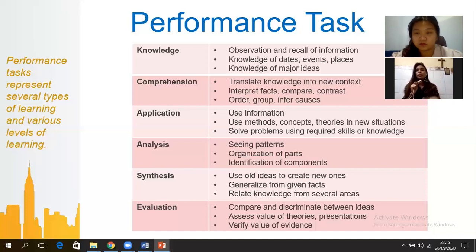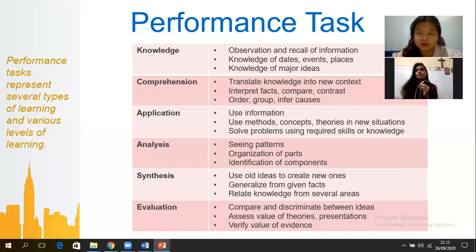For example, the teacher explained about writing an argumentative essay, and then the students get the information from the explanation that the teacher gave, and then they use the information to write the argumentative essay.